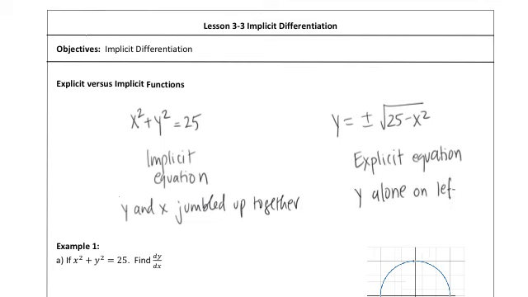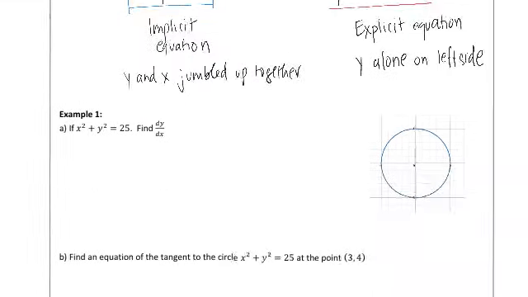So this is explicit right here in red, and this is implicit right here in blue. They're the same equation of a circle, but they are described differently. So we are going to be talking in this lesson about how we work with this implicit equation to find a derivative, right?